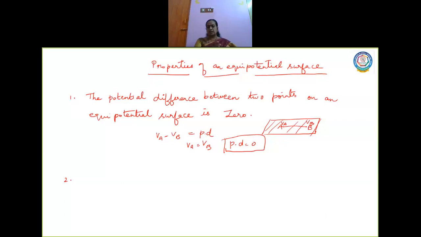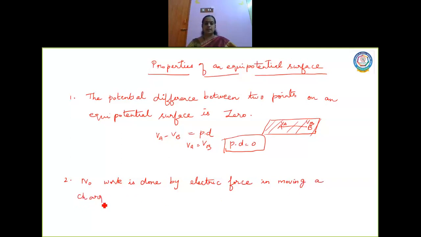The first point is what I am going to discuss now: no work is done by electric force in moving a charge on an equipotential surface.